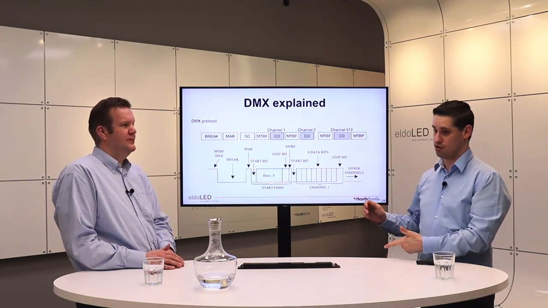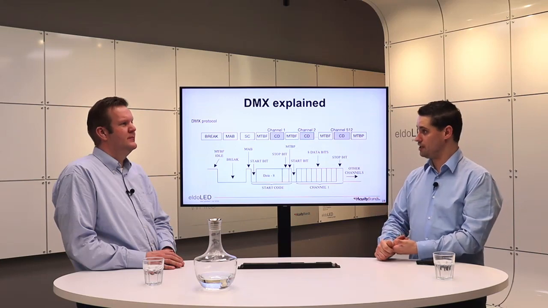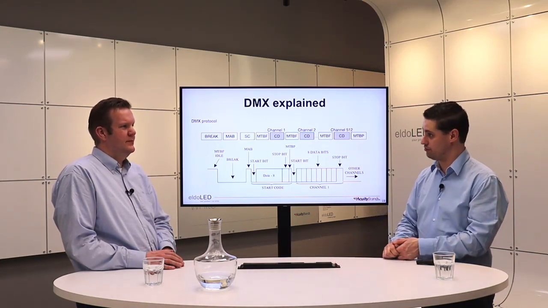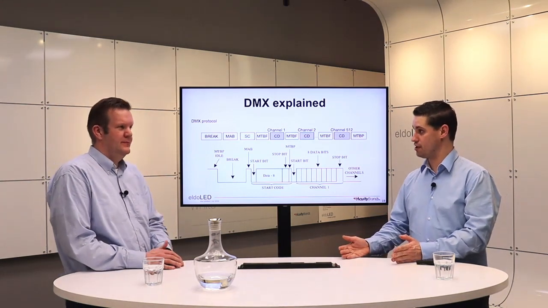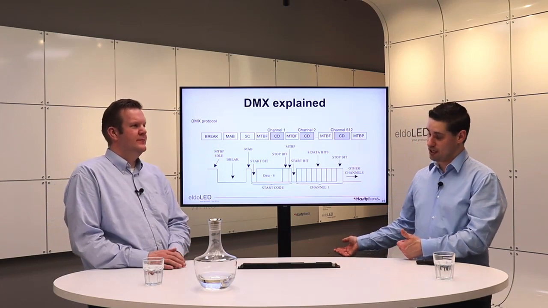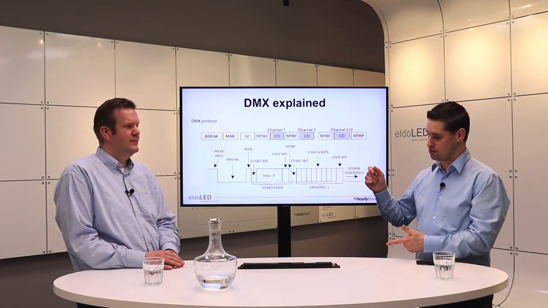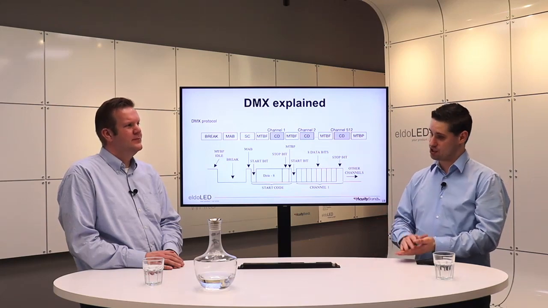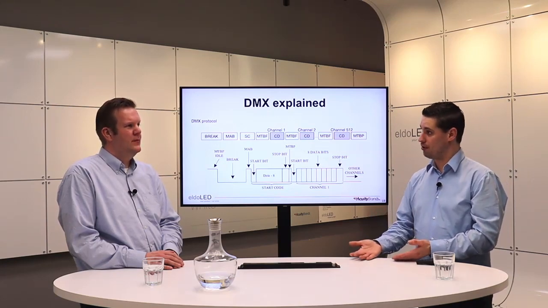It can be used for temperature readouts. It can be used to read out if a driver is a one-channel device or a four-channel device. So if it's single color, if it's RGBW, you can read out the brand name, you can read out the functionalities that it's supporting. That's what you do on RDM, and that's an additional layer on top of DMX.